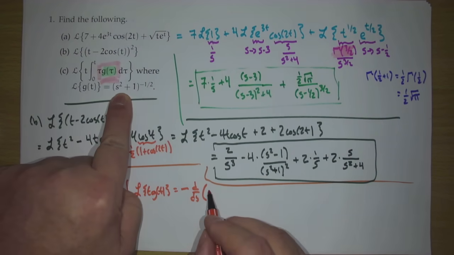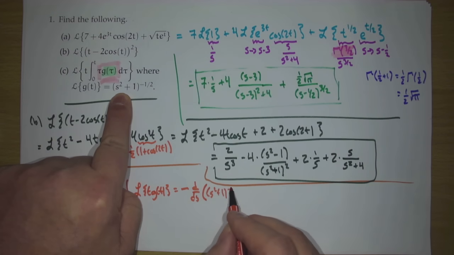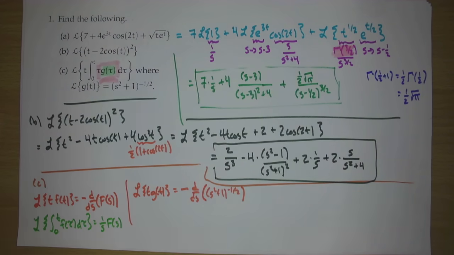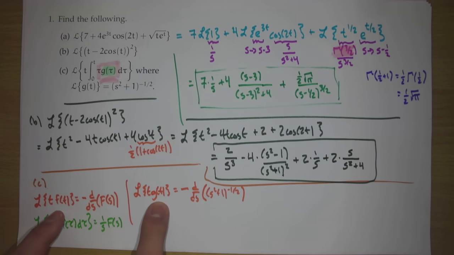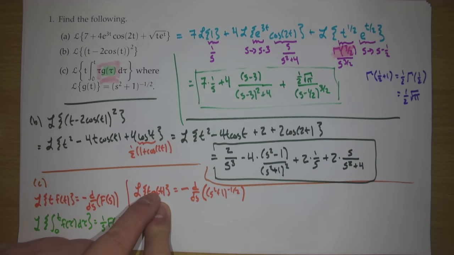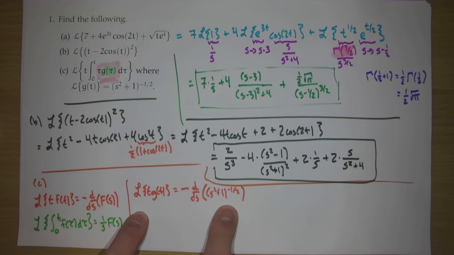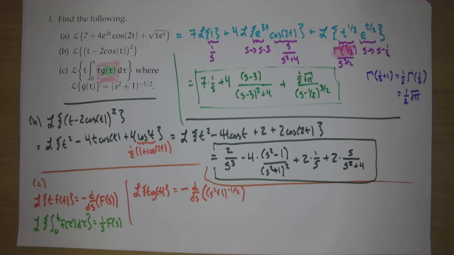Of this, s squared plus 1 to the minus a half. Yes? Because t says there's a minus a derivative, and then it's a derivative of what? Take the Laplace of what you're attaching it to. In our case, we're attaching it to g, so what's the Laplace of g? It's s squared plus 1 to the minus a half.